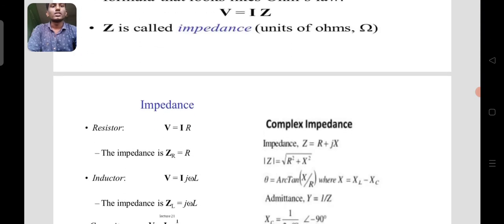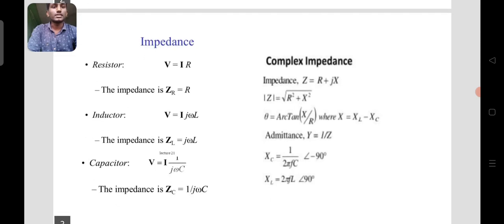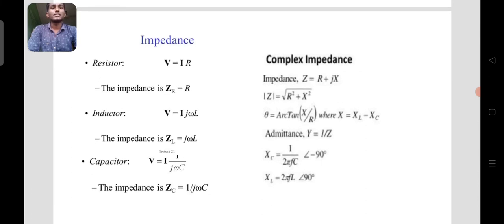Here you can see the formulas of impedance for a resistor, an inductor and a capacitor. For the resistor, V equal to I into R, and the impedance is ZR equal to R, where R denotes the resistance and Z denotes the impedance.